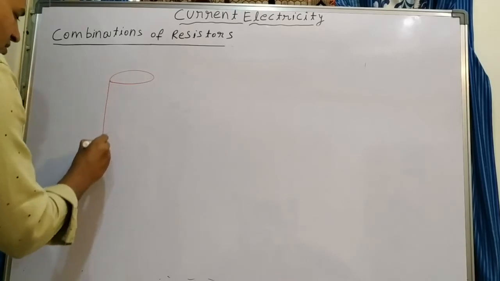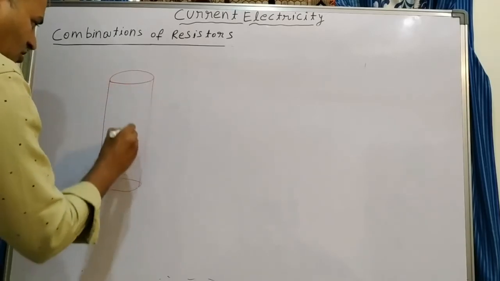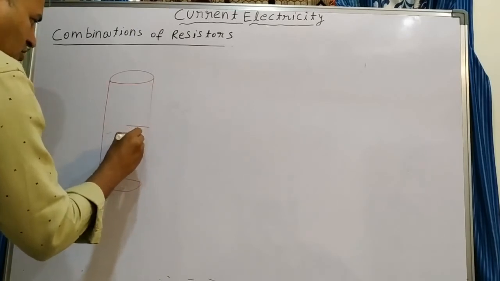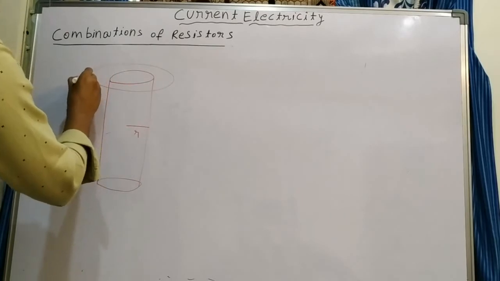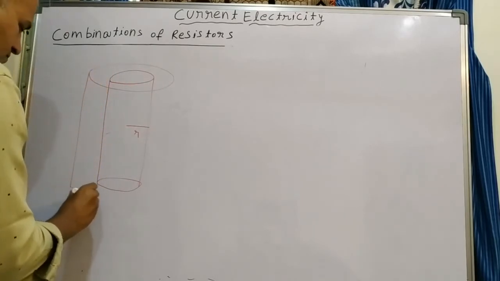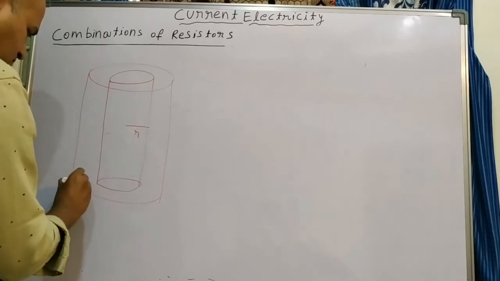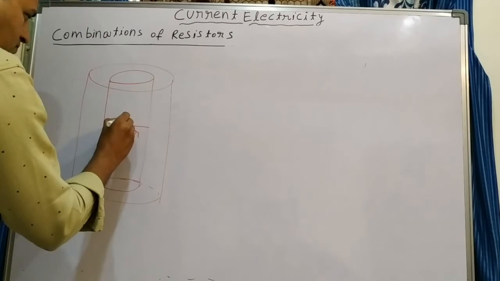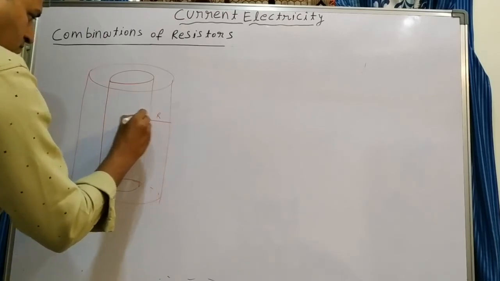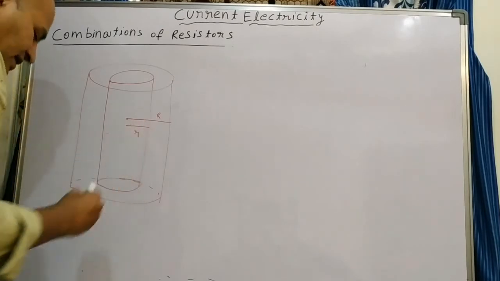The inner radius of the cylinder is small r and its outer radius is capital R. Suppose you take two terminals, one inside and the other outside.